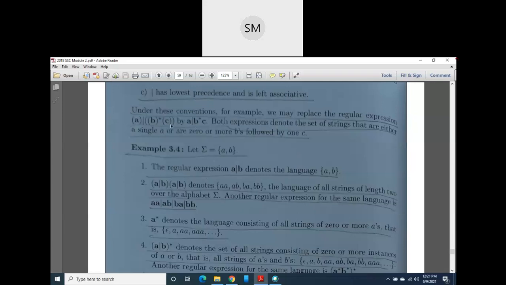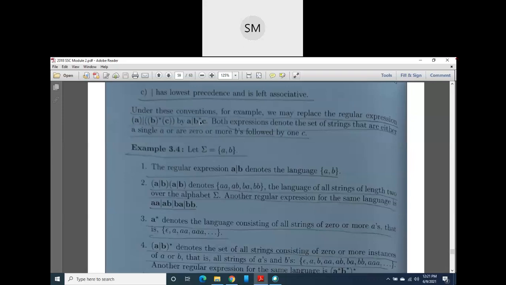Suppose your regular expression is like this: A, which is surrounded by parentheses, union with B star C. Instead of using these multiple parentheses here, already you know the precedence of star and union, so just simply remove them and directly write A union B star C. Why?